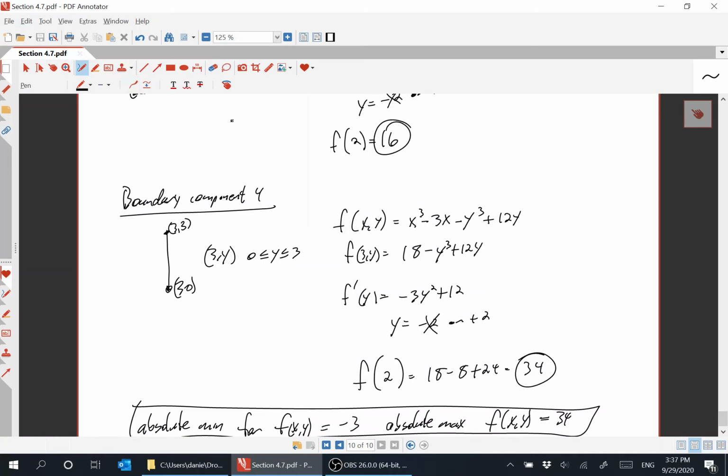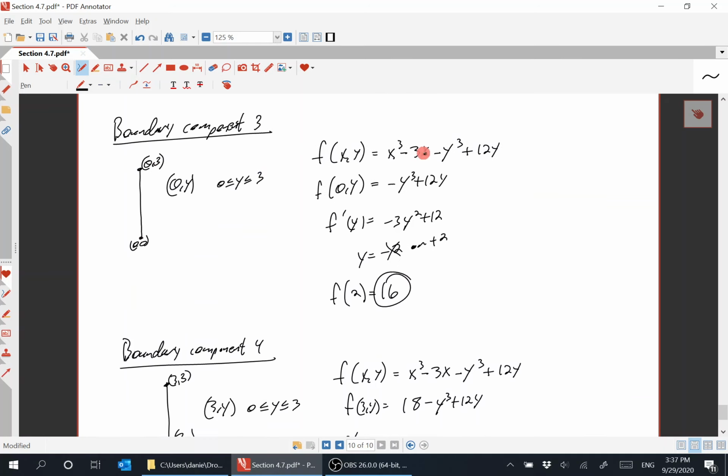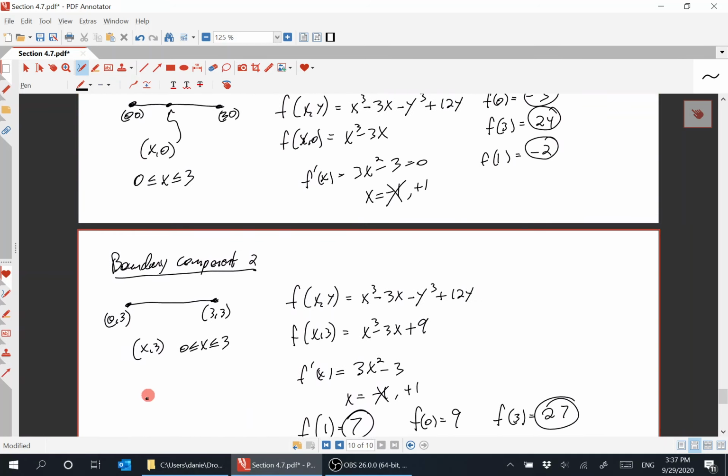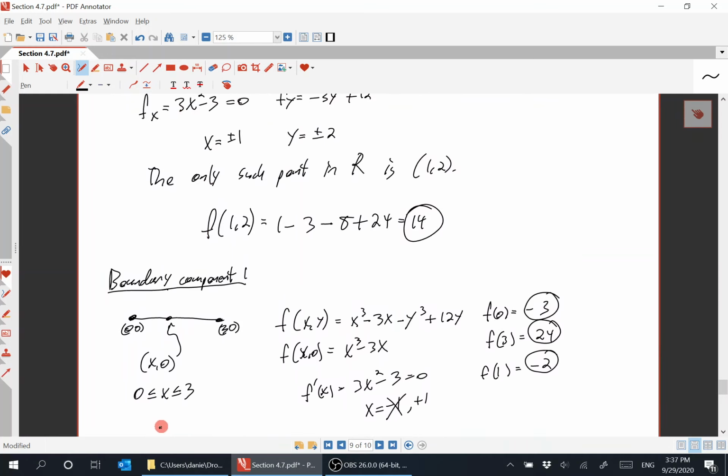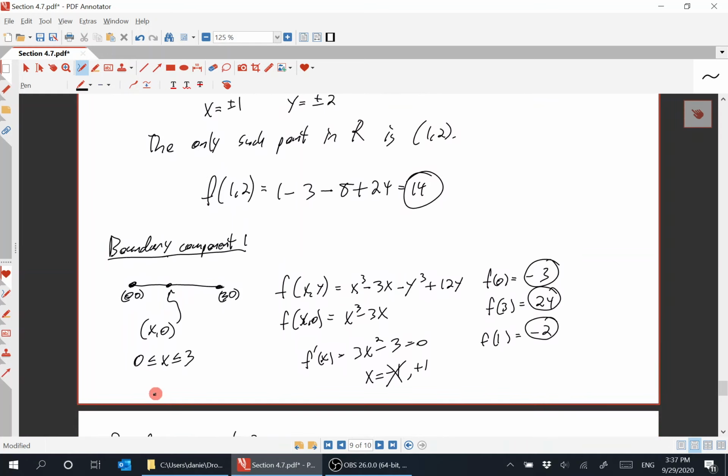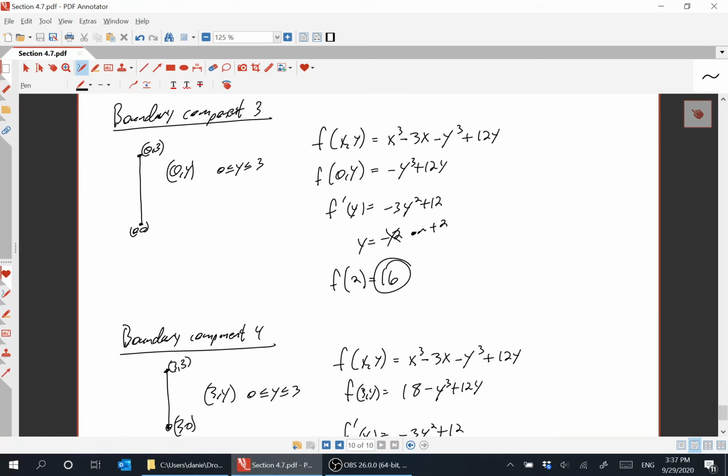We have here 34, and then 16, and 27, 7, and then all these numbers here, 24, negative 3, 14. So the largest number was 34, the smallest number was negative 3. Okay, so that is the end of the lecture on this section.